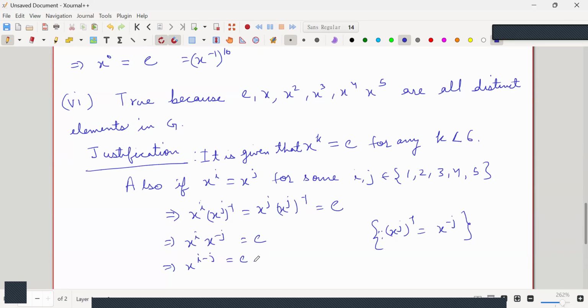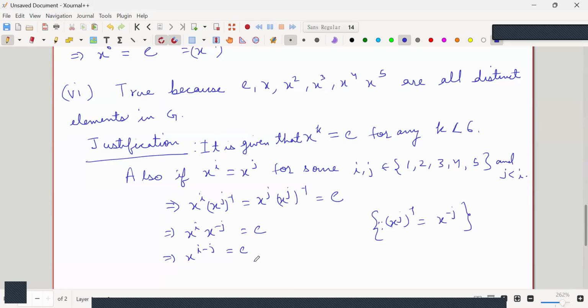And here we are assuming that i is greater than j, so j less than i, for some i, j belonging to this set.